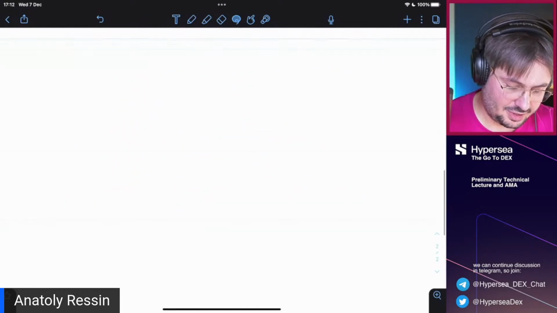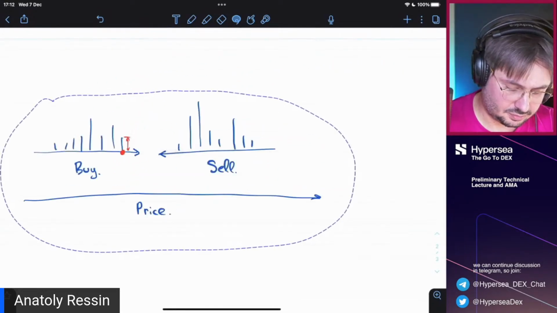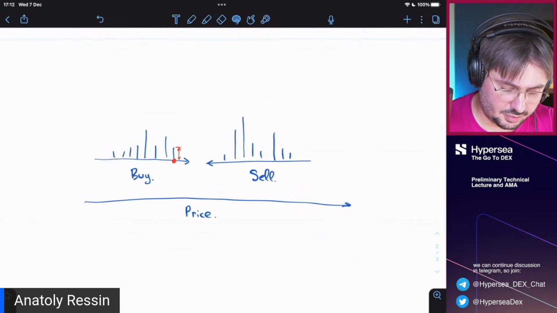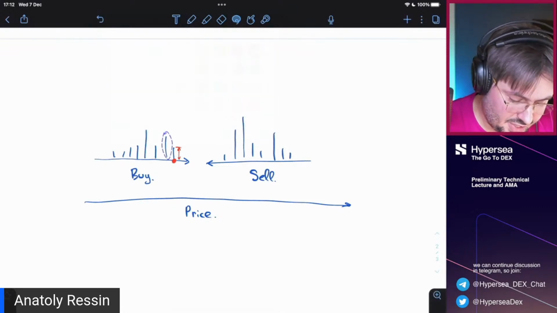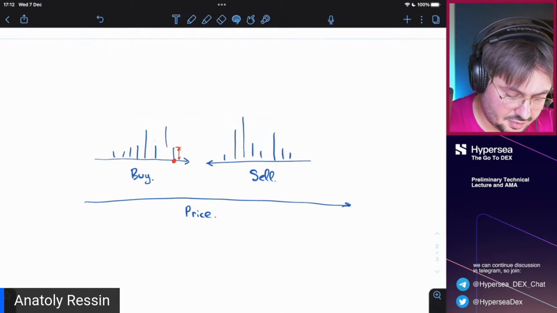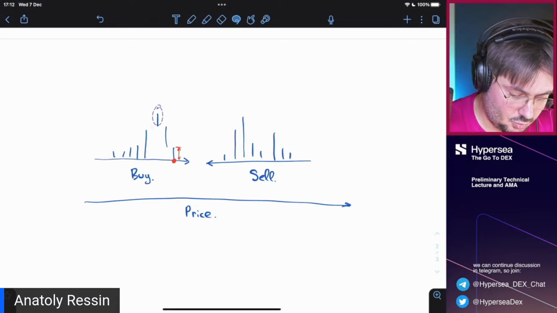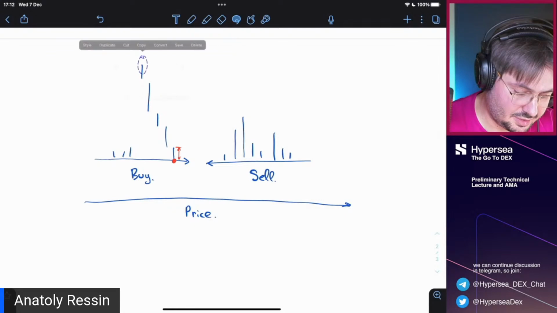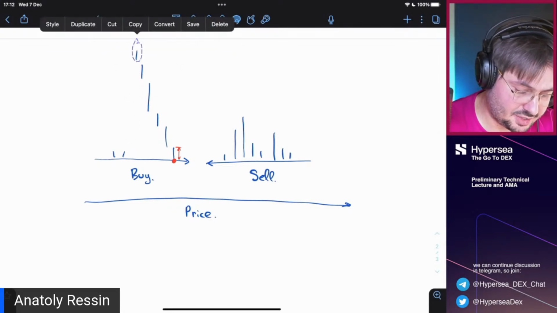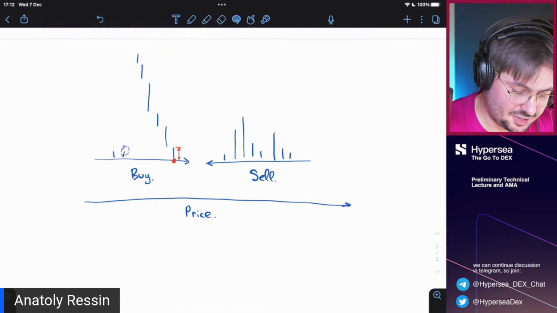So if I just show this thing, we just take all the orders and move them one by one at their prices to form such stairs.